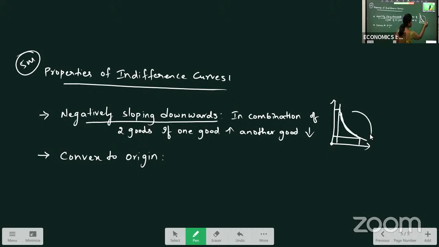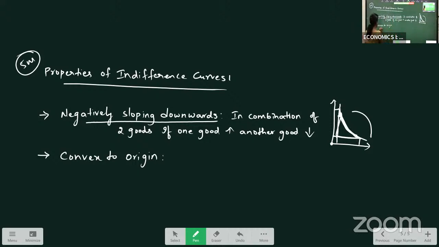It is not like this, right? My curve is convex. Why is it convex? Because of the rate of substitution we are doing: y is decreased and x is increased. In the combination, whatever substitution I am doing, the rate of substitution is diminishing.